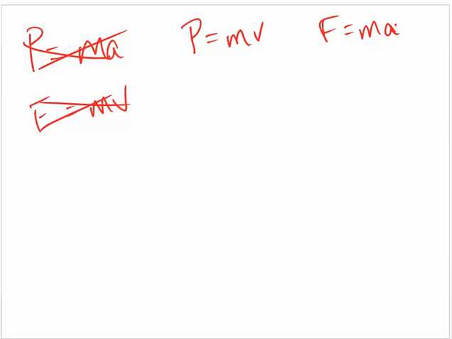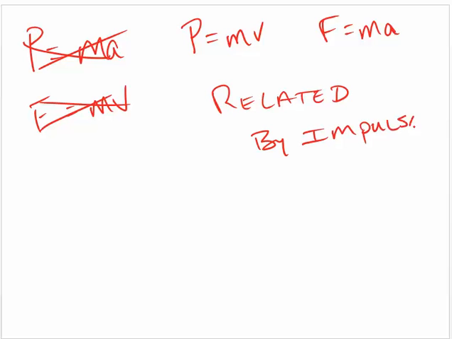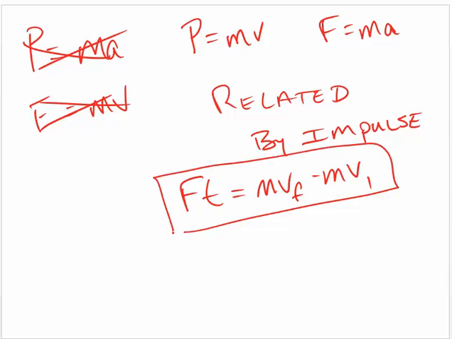Now, we just kind of let the cat out of the bag. The way these two equations are related, they're related by impulse. And what that means is that force times time equals change in momentum, as the equation we've given. So they're not the same, but they are related to each other by this equation. And what you really find out here is a couple things you can do.